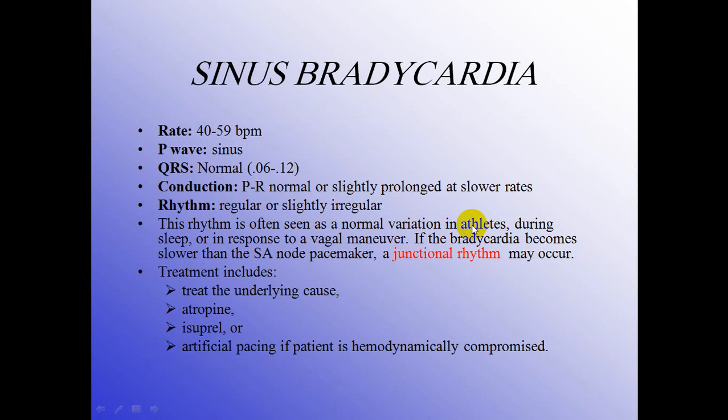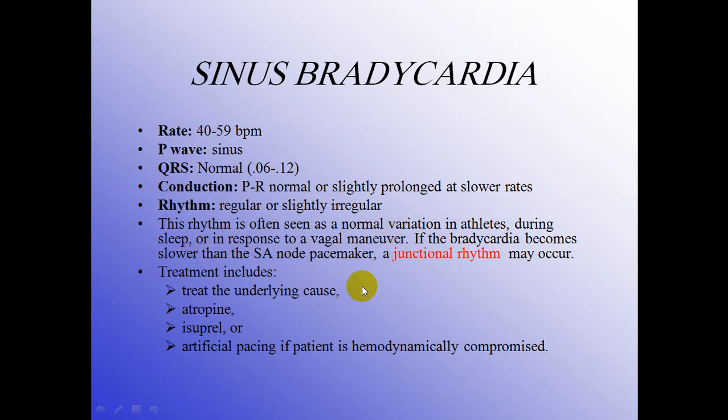Here is the sinus bradycardia. The rate is 40 to 59 beats per minute, below 60. P wave is sinus, QRS complex normal, conduction PR normal, slightly prolonged at a slower rate. Rhythm regular or slightly irregular. This rhythm is often seen as a normal variation in athletes, during sleep, or in response to a vagal maneuver.